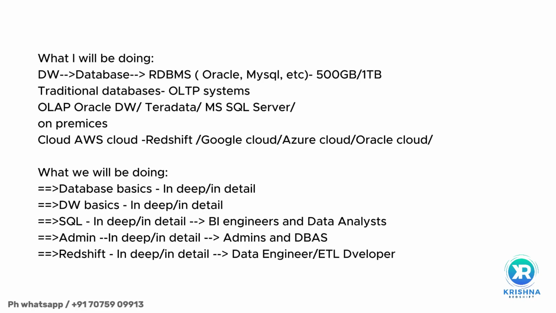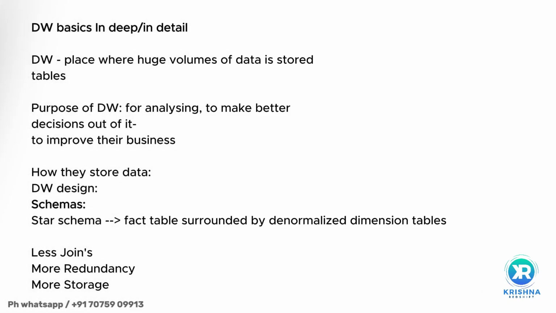So now we'll see what data warehouse basics are. A data warehouse is a place where huge volumes of data is stored. It's a summary of the entire data warehousing.